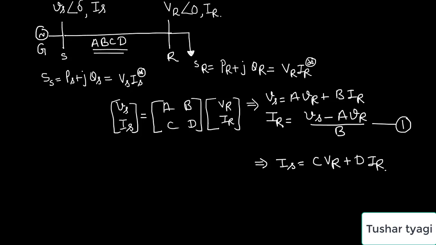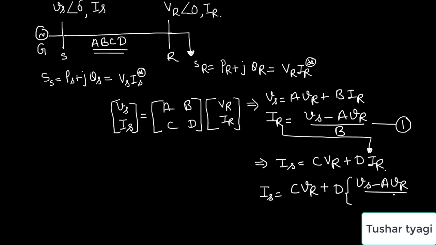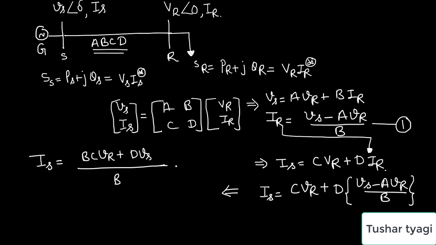Now putting the value of IR over here, I can write Is is equal to C VR plus D times, as we have done previously, Vs minus A VR divided by B. From here, after solving it, taking LCM as B, I can write Is equal to BC VR plus D Vs minus AD VR.